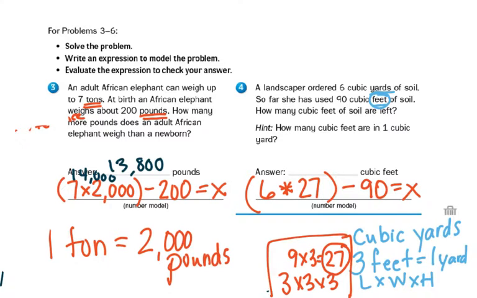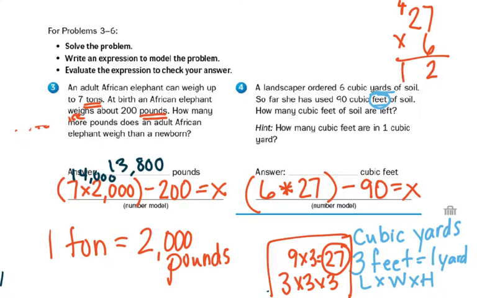So now I have to do some multiplication over here. So I want you over on the side or up on the top to take 27 times 6. Would you go ahead and solve for 27 times 6? 7 times 6 is 42. Carry your 4. 6 times 2 is 12.